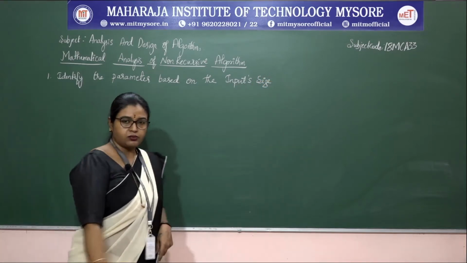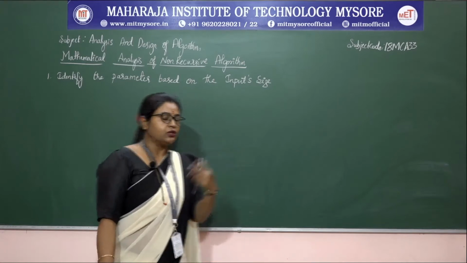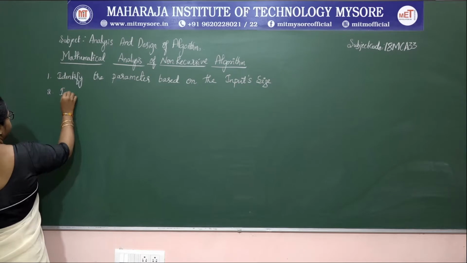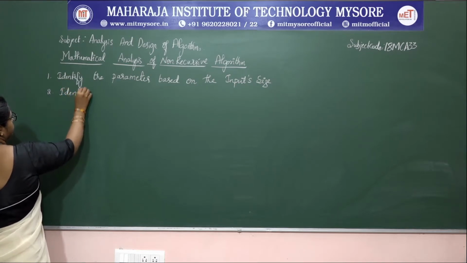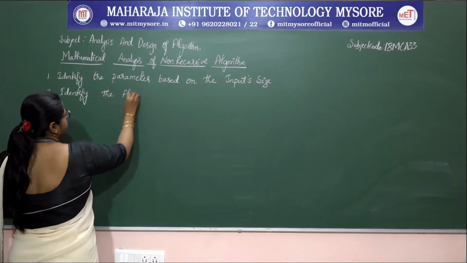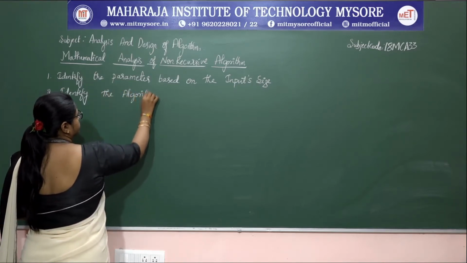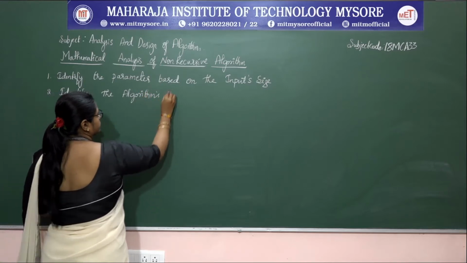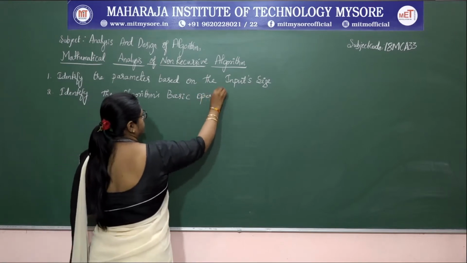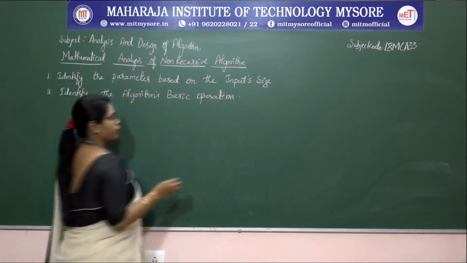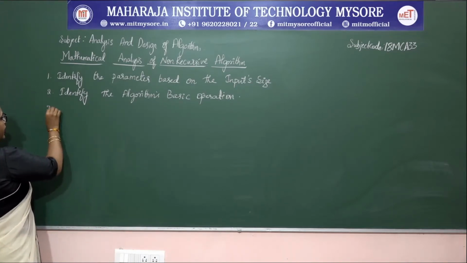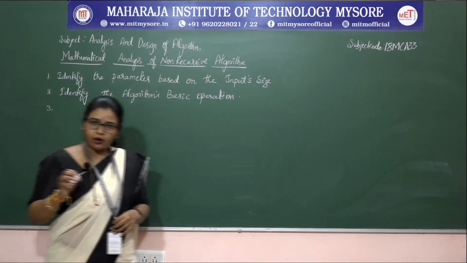For all the algorithms we will be having the input, so that is the thing. And the next step is we need to identify the algorithm's basic operation. Okay. The second step is to identify the basic operation.